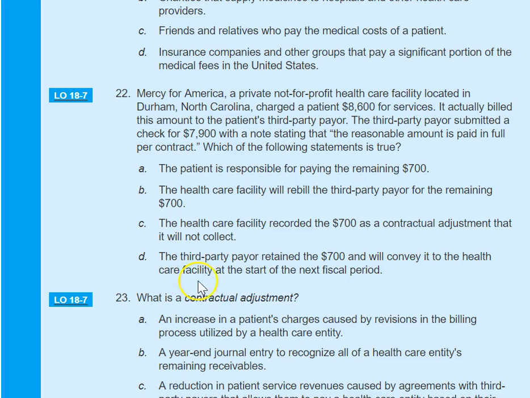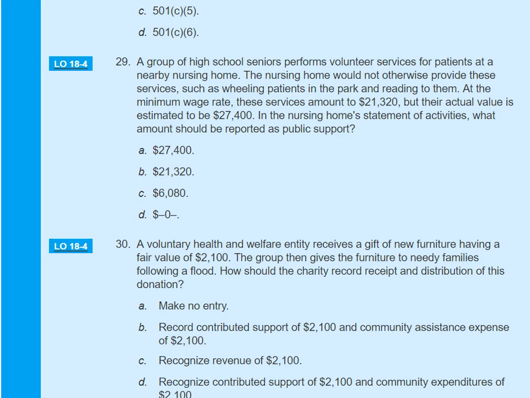Now, number D, the third-party payer retained the $700 and will convey it to the healthcare facility at the start of next fiscal year. No, it's kind of vague. It's not true. So I will say answer number C is true. Now, let's see a couple more examples. Number 29. It says that a group of high school seniors performed volunteer service for patients at a nearby nursing home.